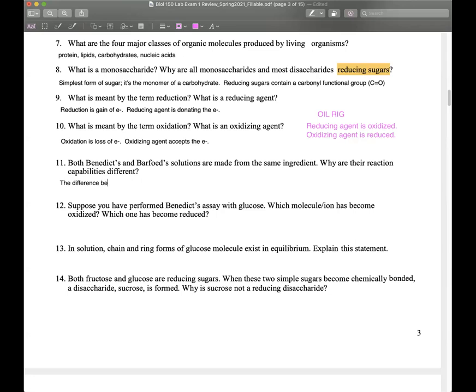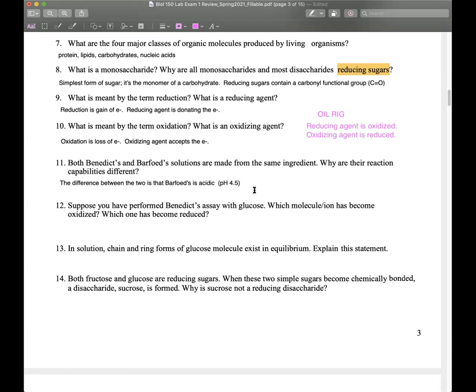Do they have a different pH? They do have a different pH. Can we guess which one is more acidic, the Barfoed's? Yes, the Barfoed's has a pH of about 4.5.